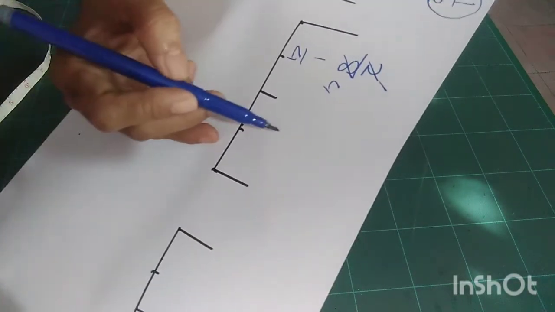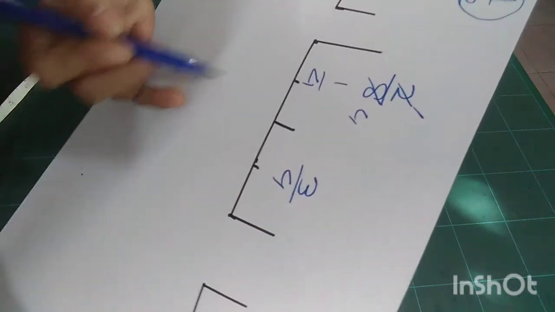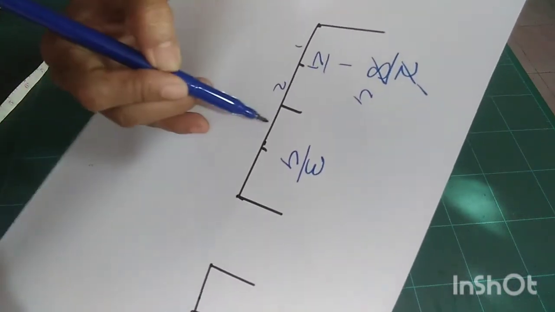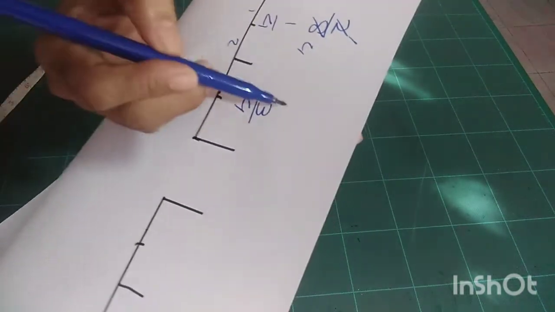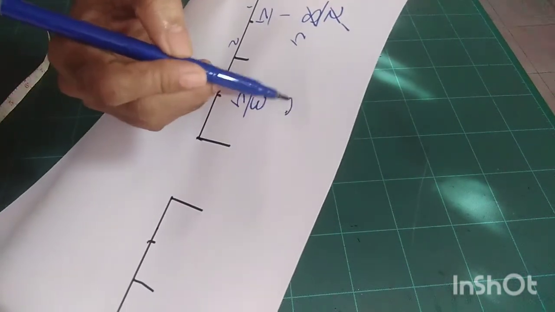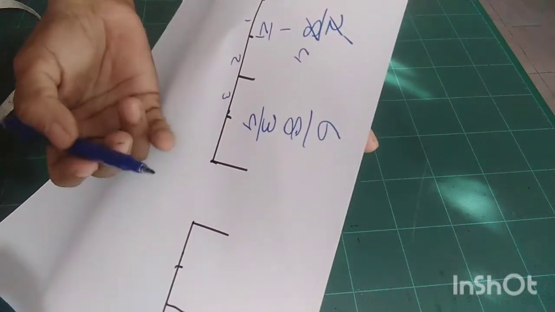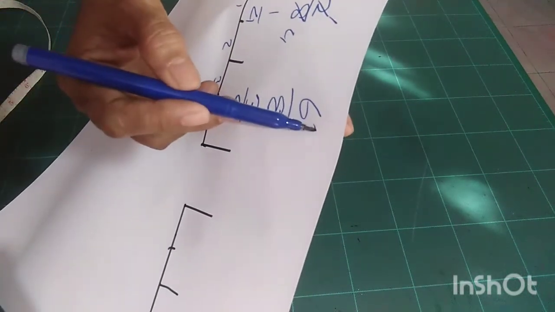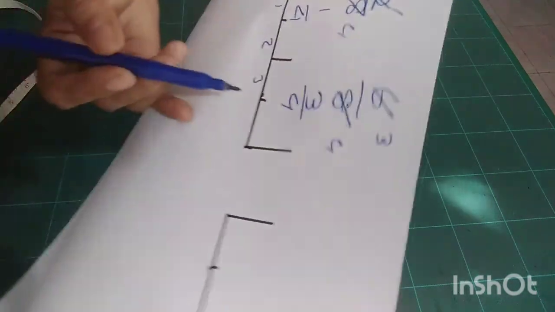Here 3/4: 1/4, 2/4, 3/4. We can write 6/8, and this fraction we can minimize like this. 3/4 we call 3/4.